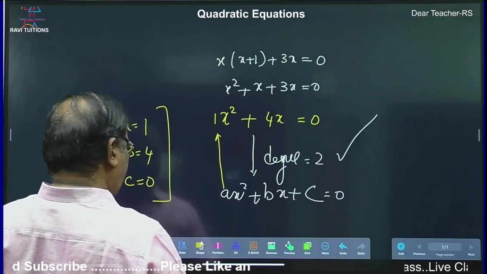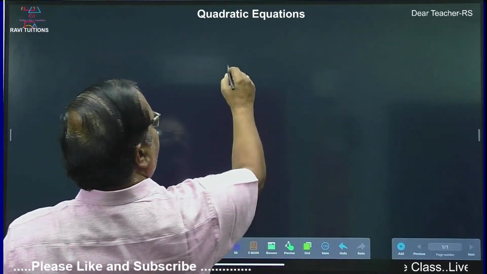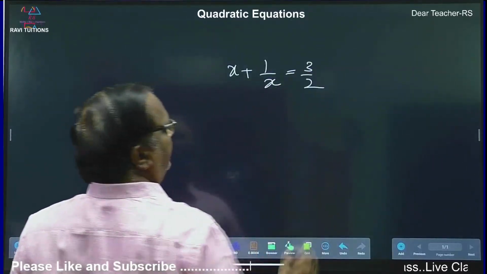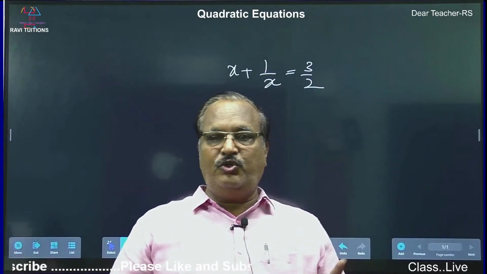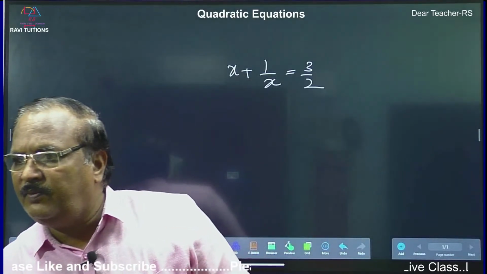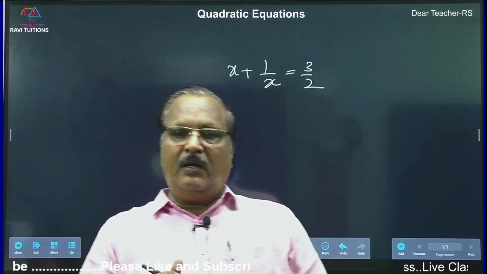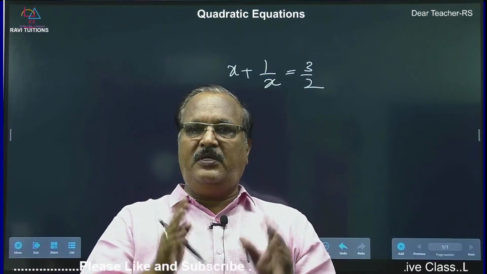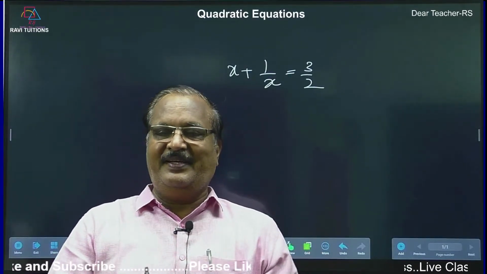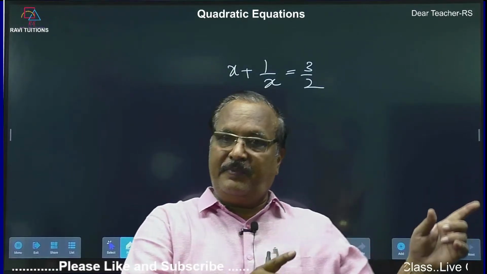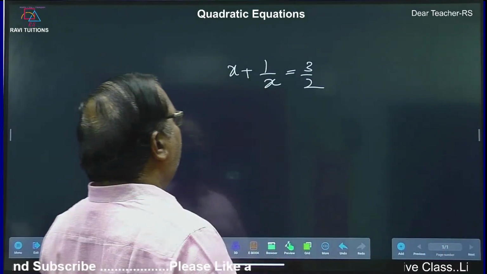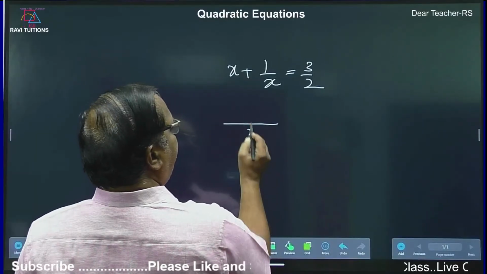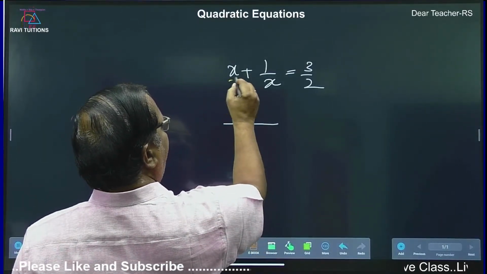Let me take one more question. x plus 1 by x is equal to 3 by 2. To know whether this is a quadratic equation or not, you have to simplify it and bring it to the standard form. Now on the left hand side there are fractions, you take the LCM, think that x is x by 1.